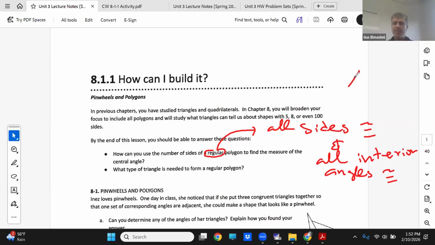So here's a very classic example. Okay, I didn't draw it perfectly. How many sides does this have? Six. And what do we call that? Hexagon.